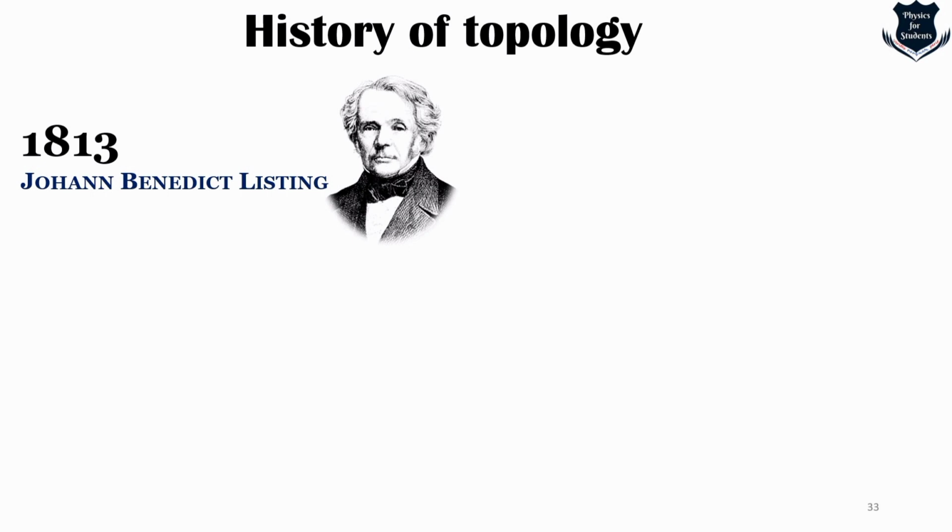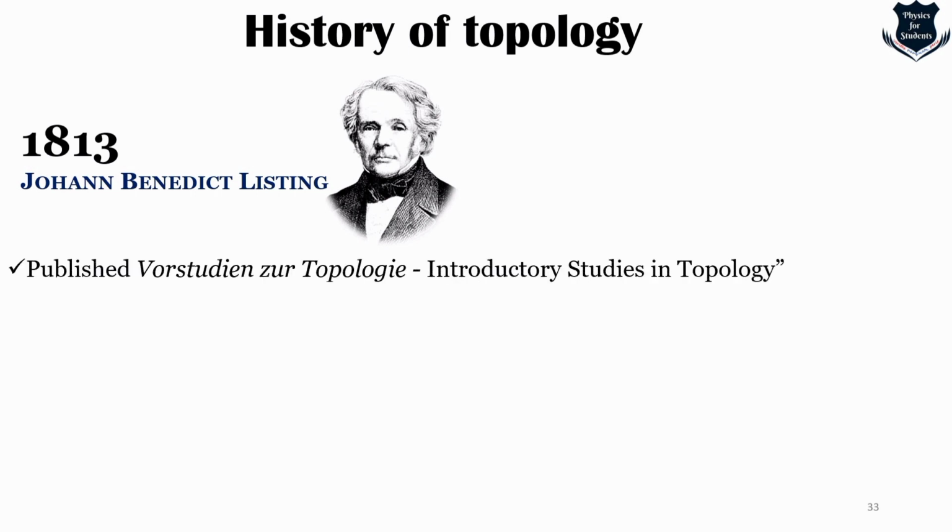We move to another person, J.B. Listing, who was born in Frankfurt and died in Göttingen. He first introduced the term topology to replace the term geometria situs, also sometimes called analysis situs, in a famous article published in 1847. Although he had used the term in correspondence some years earlier, here he first introduced the term topology in print.